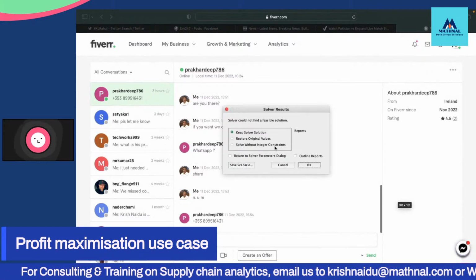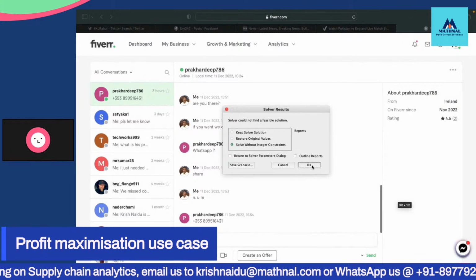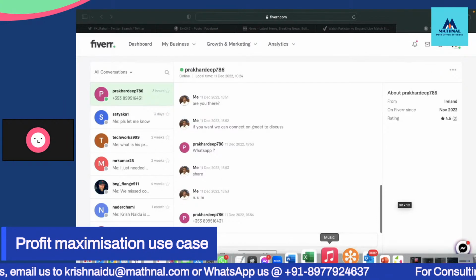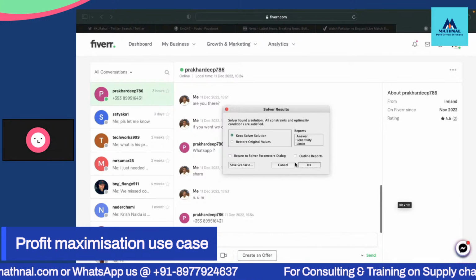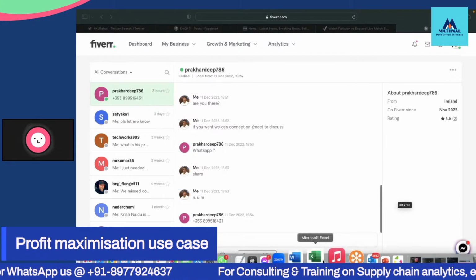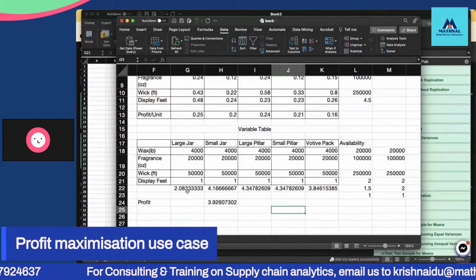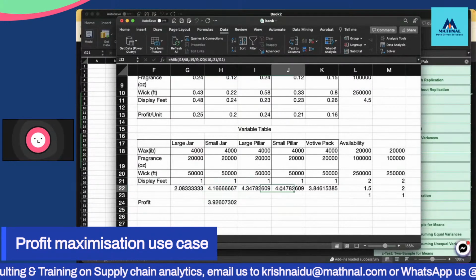It's not getting a proper solution, so solve without integer constraints. Let's check how the solution is. Okay, now Excel is giving us a solution.